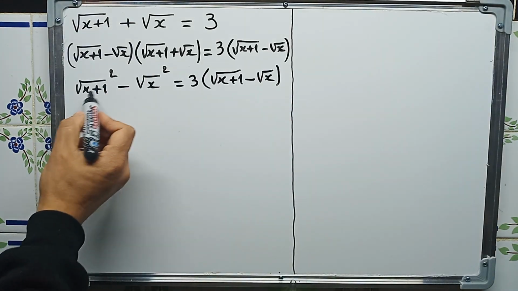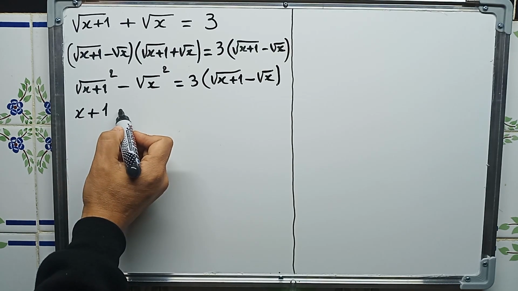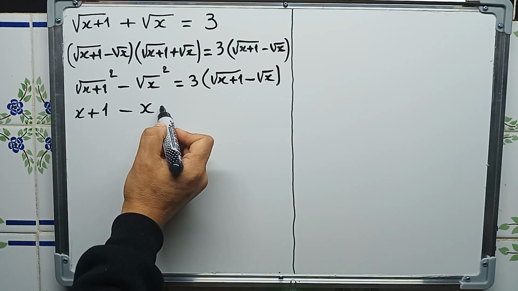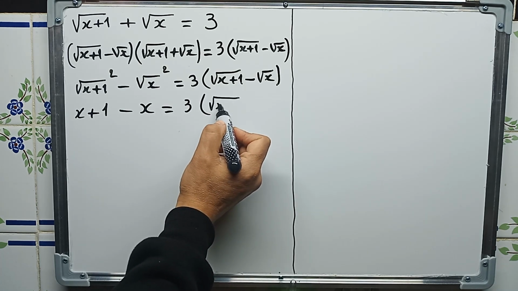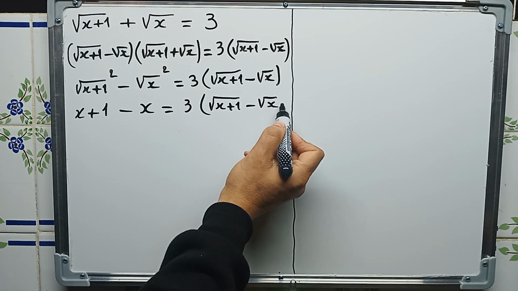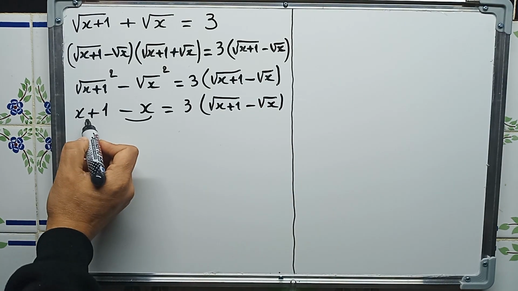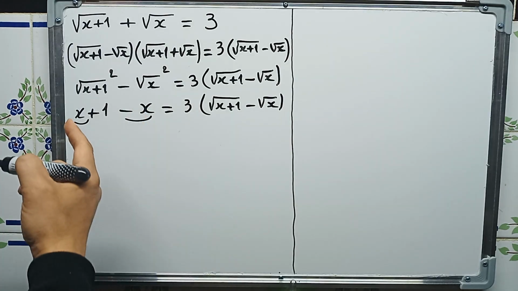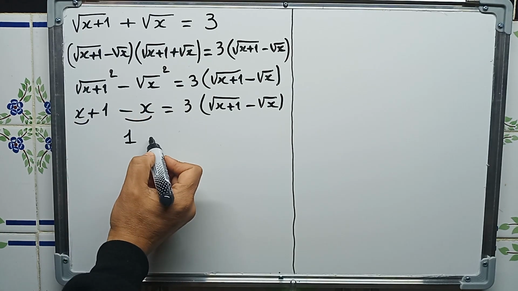Okay, we have this obviously equals to x plus 1 minus x equals 3 square root x plus 1 minus square root x, and those two terms are opposite, so we will have here 1.